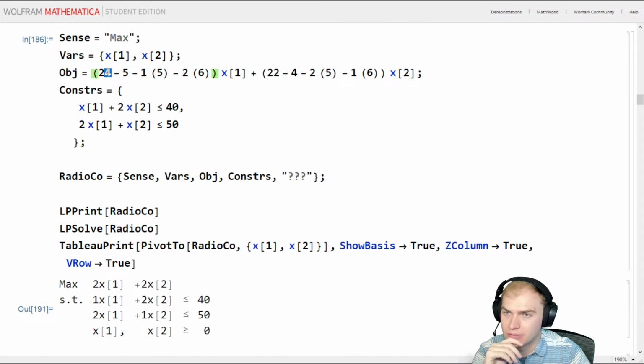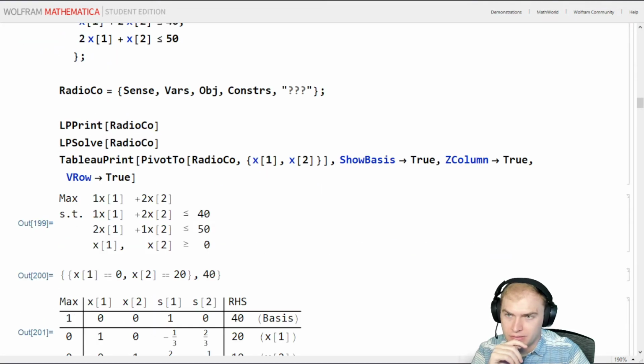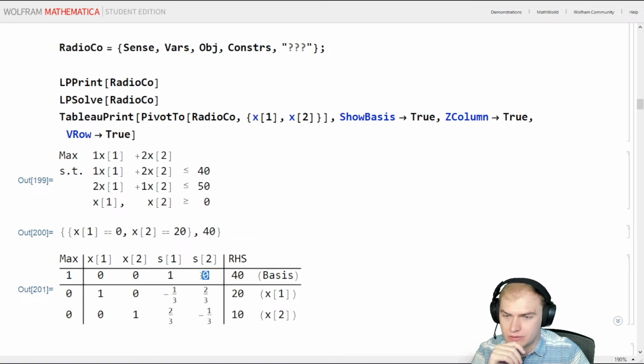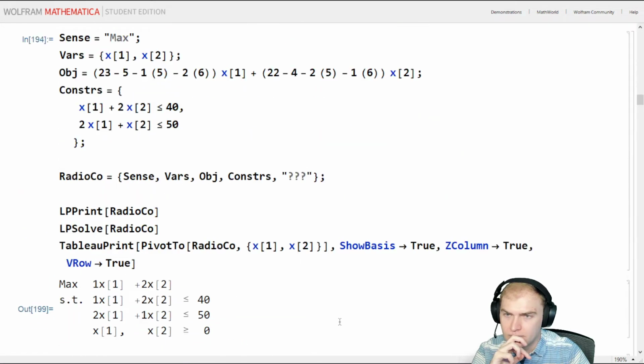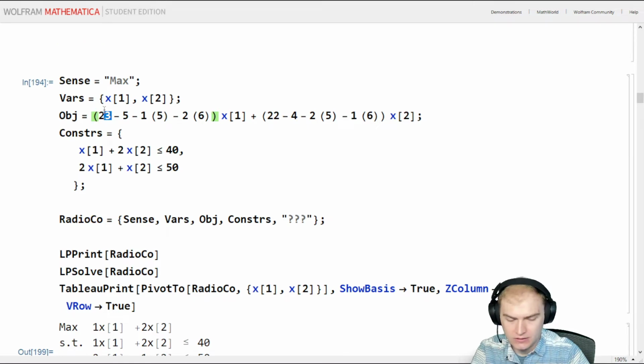So if we bring it down to 23 like we had before, brings it down again to 0 like we noticed before, and we have multiple optimal solutions. Can we see that?